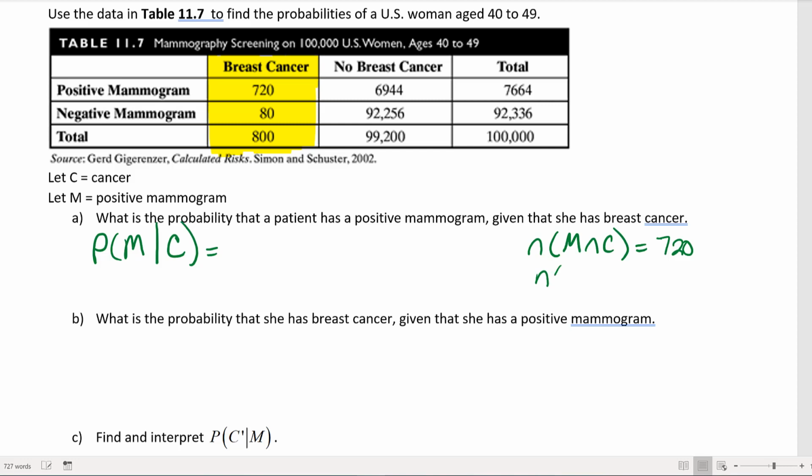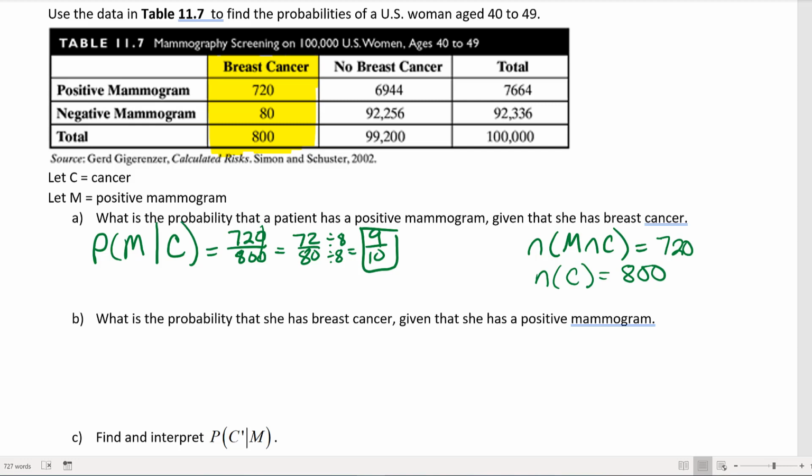Next, I'm looking for the total number of cancer, which is 800. So the probability is 720 divided by 800. I can divide by 10 to get 72 over 80, and then divide by 8 to get 9 over 10. So 9/10 is the probability that she has a positive mammogram given that she has breast cancer.